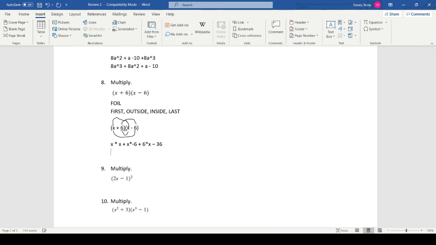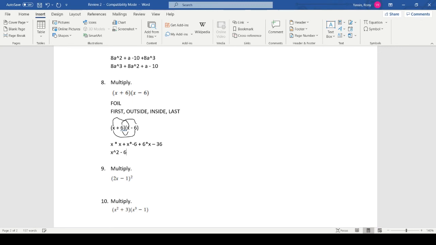Okay, so now we have to solve this. So x times x is just x squared, because they're both x to the first, so x1 times x1 is x2. So that's x squared plus, so x times minus 6 is just minus 6x.